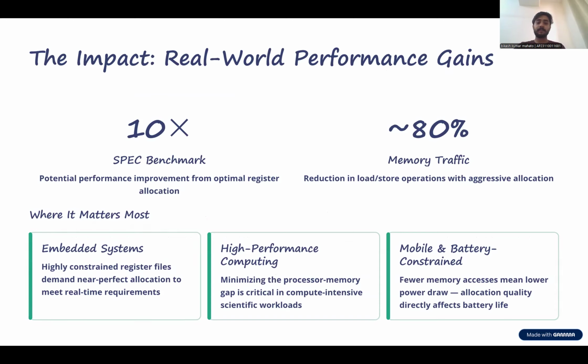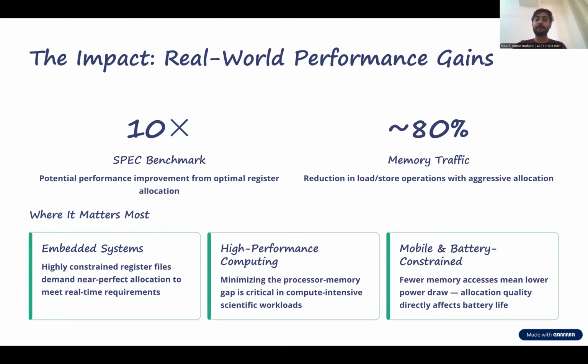And next, this one is real world benefits. Register allocation provides major real world benefits. Studies show that good allocation can significantly improve benchmark performance and reduce memory traffic. In embedded systems, limited hardware resources require careful register usage.